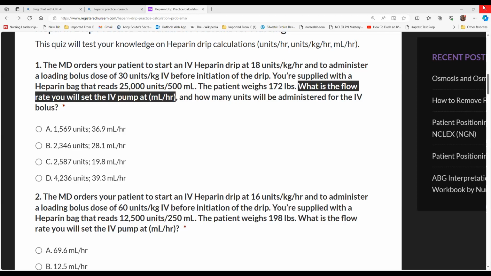And why? Anybody? Platelets. Why? To make sure it's not aggregated or something like that. Okay, mindful of bleeding.